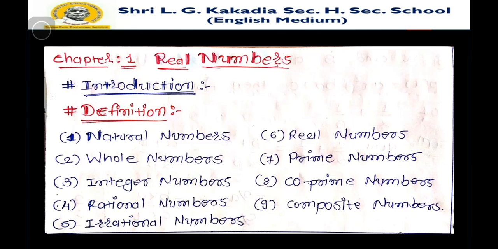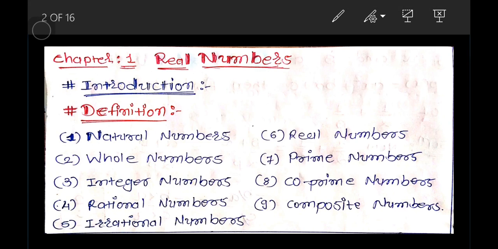In this chapter, that is chapter number 1, Real Numbers in standard 10th, and chapter number 1, Number System in standard 9th, first, by introducing this, we are going to learn nine definitions. The first one is natural numbers, second is whole numbers, third is integer numbers, fourth is rational numbers, fifth is irrational numbers, sixth is real numbers, seventh is prime numbers, eighth is co-prime numbers, and ninth is composite numbers.